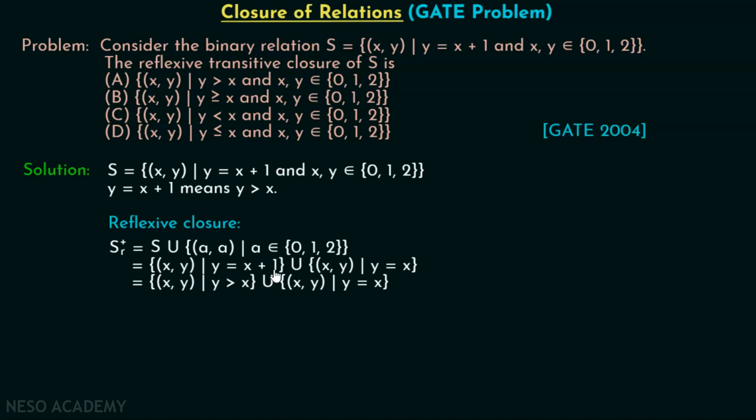We know that y = x + 1 means y is greater than x, and in the other set we have y = x. So what is the union of these two sets?